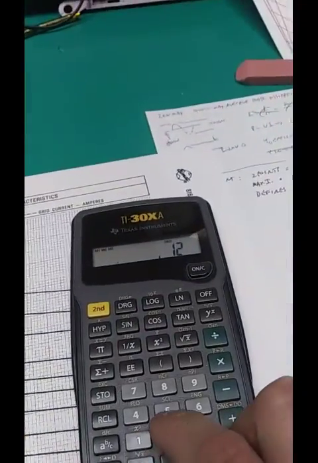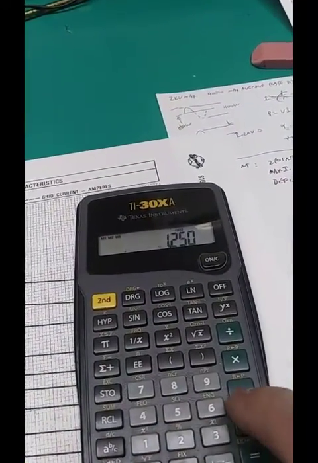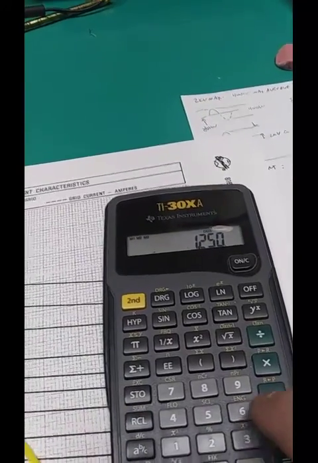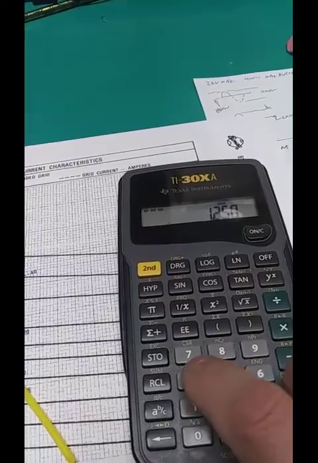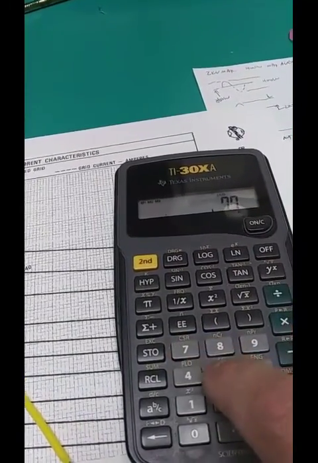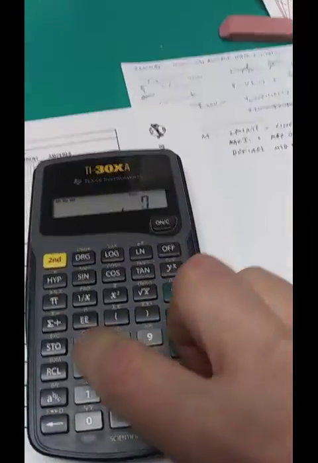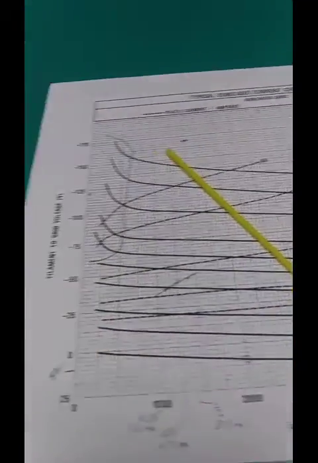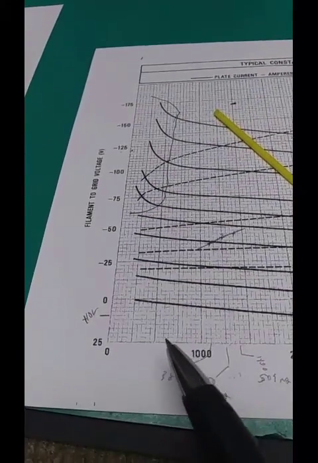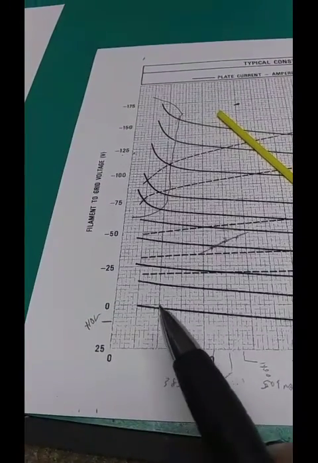And 1250 minus, really hard to do this and look at a calculator, 750 equals 500. And that would define the minimum plate voltage as 500 here.